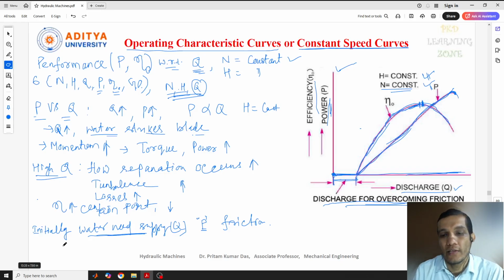That's why some gap is given here. I hope you understand this theory of how it works for a turbine. These are operating characteristic curves, also called constant speed curves for a turbine. They give much more information about the behavior and performance of the turbine to an engineer.